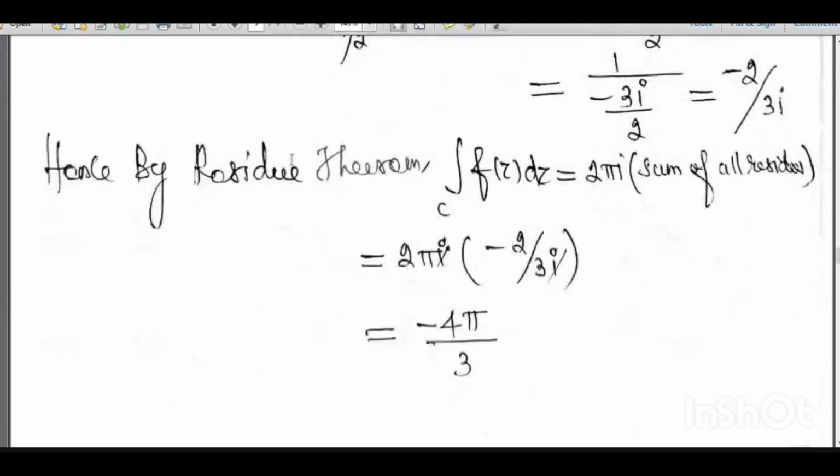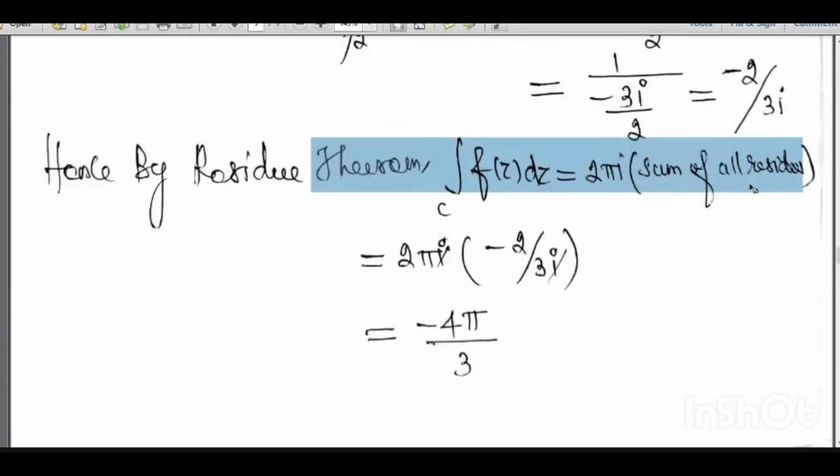Next, by the residue theorem, the integral over C of f of z dz is equal to 2 pi i into the sum of all residues, which is equal to 2 pi i into minus 2 divided by 3i. The i cancels, giving minus 4 pi divided by 3.